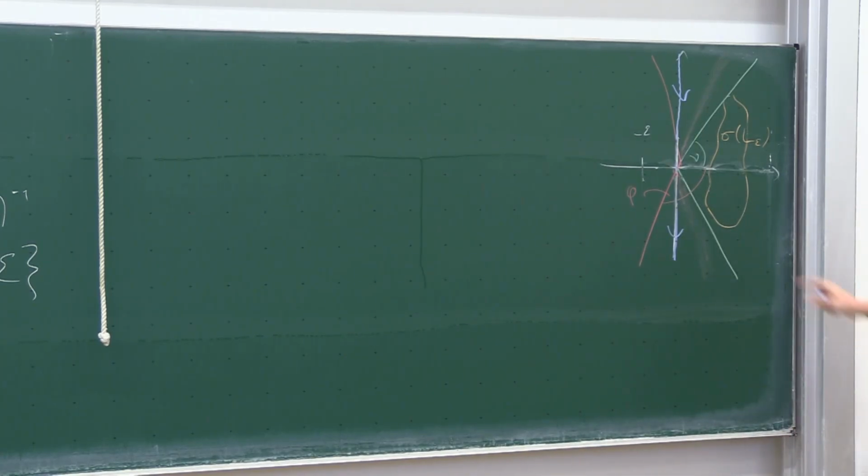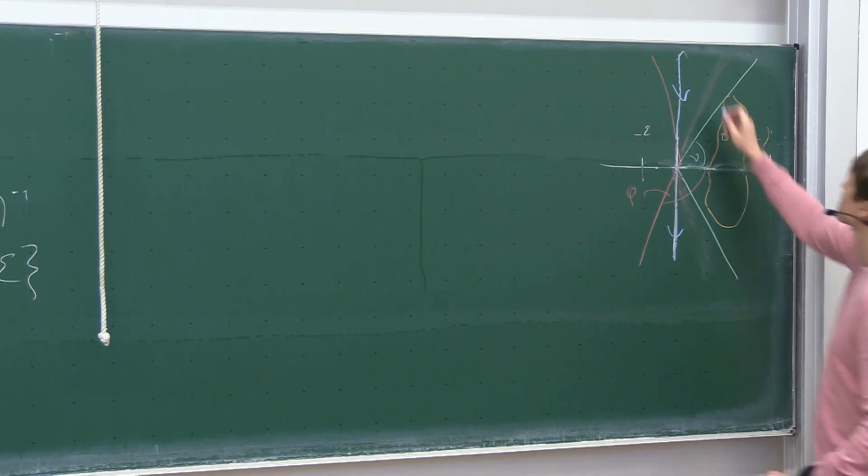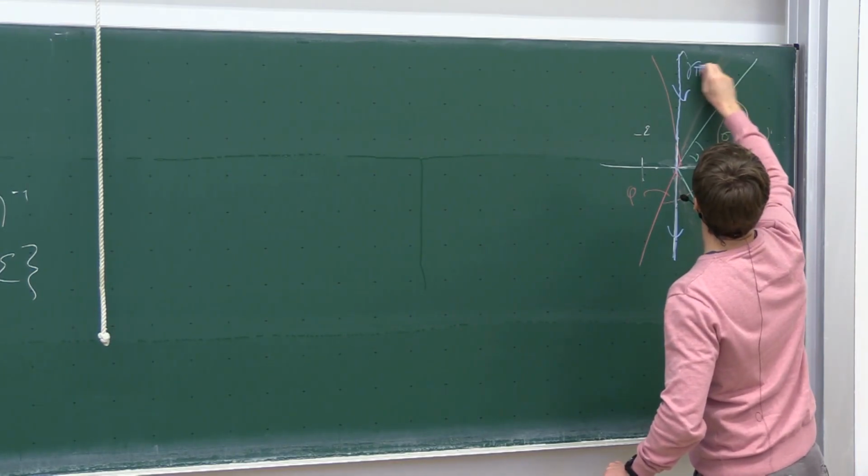And this is one particular reason why we introduced the approximation L_ε: in order to choose this path here. This is really one crucial situation. So this is a path γ_{π/2}.